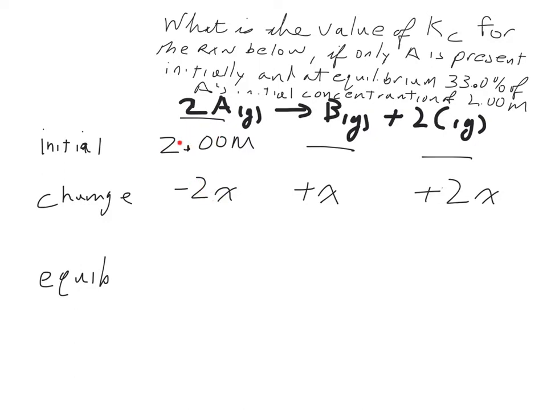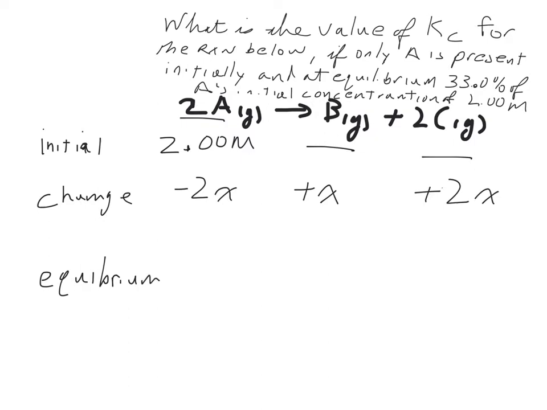If I'm starting out with all A and no B, then to reach equilibrium, my reaction has to go that direction. According to my coefficients of 2, 1, and 2, for every 2 moles of A I consume, I can produce 1 mole of B and 2 moles of C. And that's where those X's came from, because I don't know how much I'm consuming or producing yet.